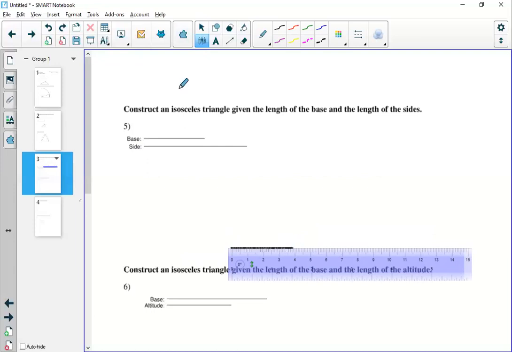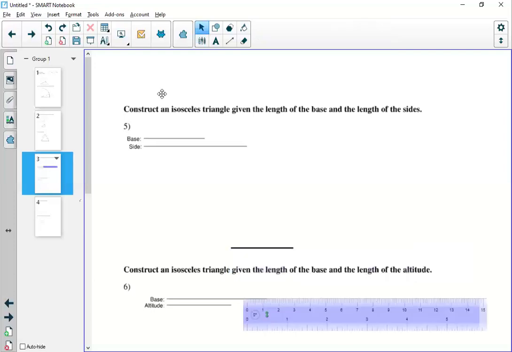Good. Then next, I'll need my compass. With the compass, get the radius to be as wide as the length of the sides. So from here, expand the compass to be as wide as that length.